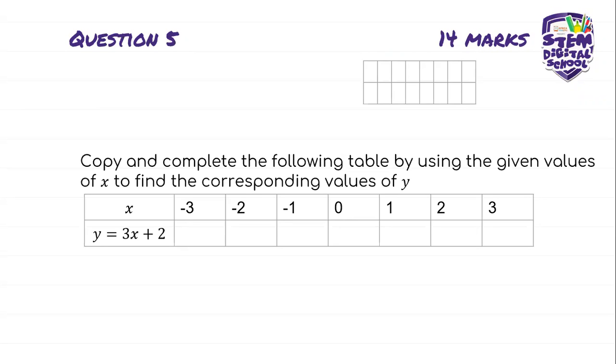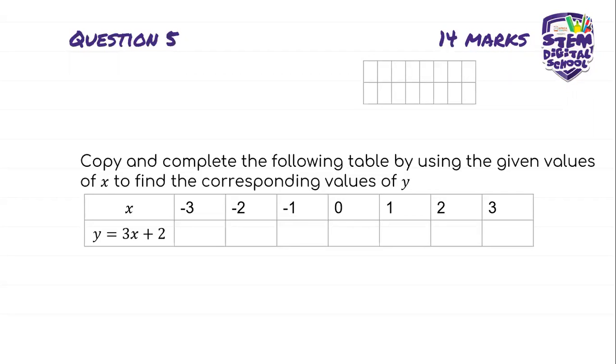Let's complete the table. If x is negative 3, then y will be equal to 3, open bracket, negative 3, close bracket, and then plus 2. So basically, this is what you'll have. And then negative 9.